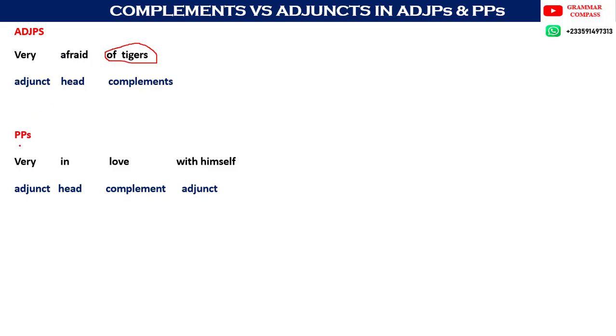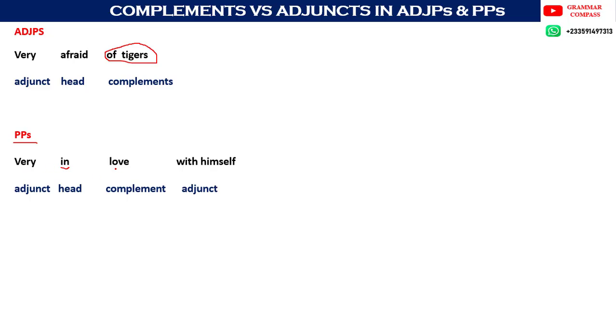Now what about the prepositional phrases? This is a very complex prepositional phrase. Prepositional phrases are normally prepositions and then noun phrases, but you can also have this complex structure. So in this structure, very in love with himself, which one is the head? We have in, which is the prepositional head. Very becomes our adjunct.